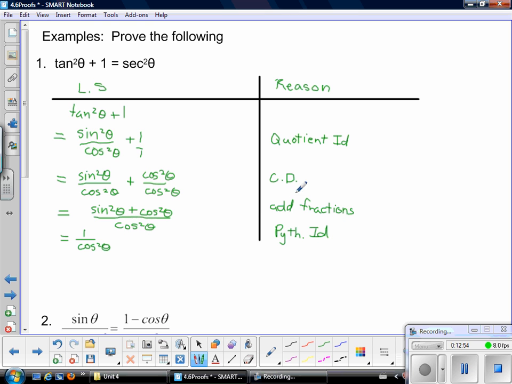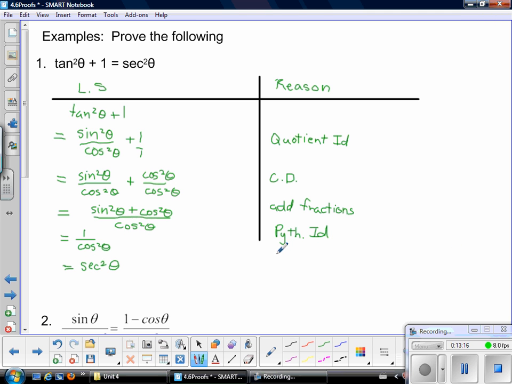Now, in a formal proof, like if you're proving it to be published, obviously you wouldn't use that many short forms. If you notice, I have 1 over cos squared theta. Remember, I want secant squared theta. Well, there's a reciprocal function, so that is actually equal to secant squared theta.